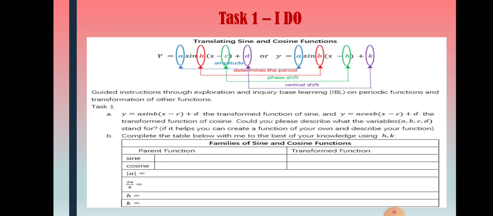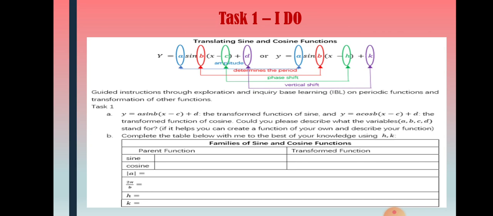Based on the graphic organizer here, A represents what? Very good, amplitude. B represents what? Good. So it does not represent the period, right? It helps to determine the period. C, yes, it's our horizontal shift. And D, our vertical shift. Very good.